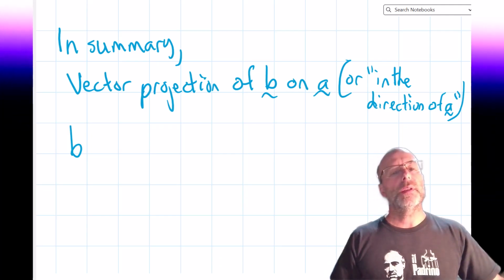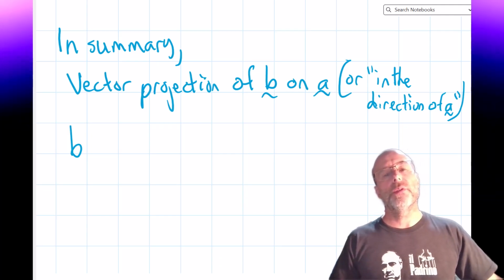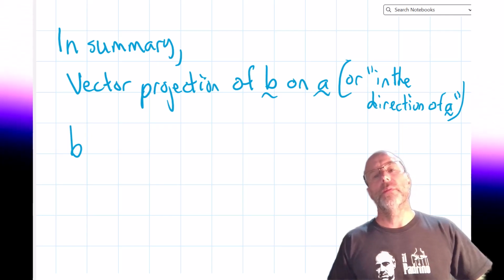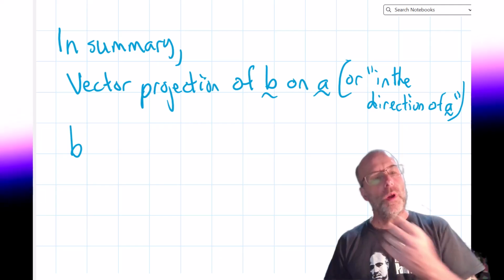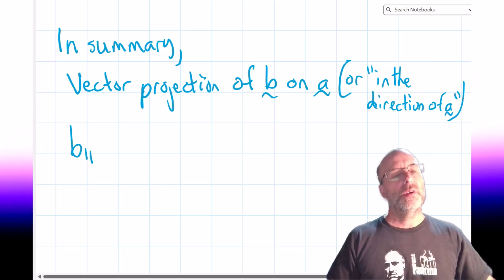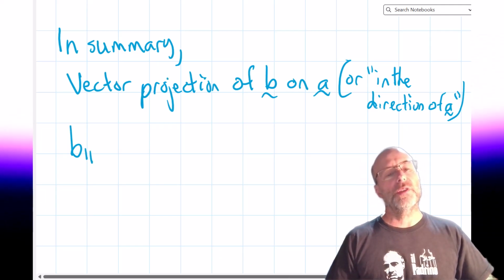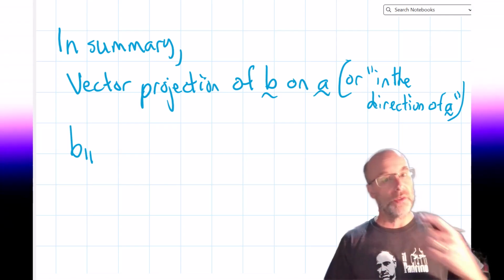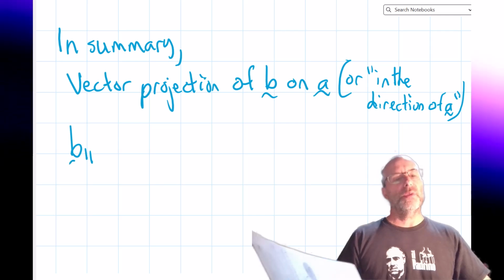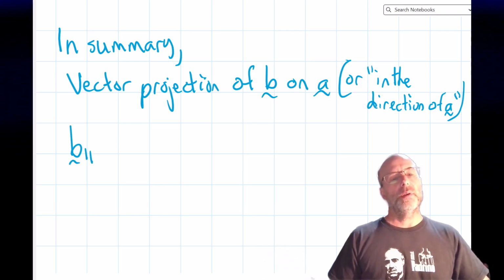We can say the vector projection of vector B on vector A, or in the direction of A, we can write it as such. We call it a vector projection, remember, because the perpendicular one doesn't get called a projection. So when we say projection, we know we mean the parallel one.